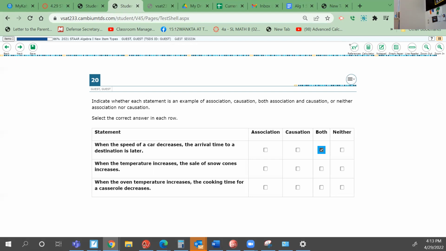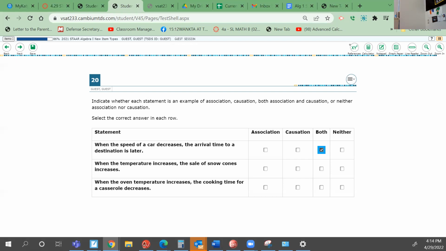Okay, next one, when the temperature increases, the sale of snow cones increases. You would think that's a true statement, right? Is there a link between temperature increases and the sale of snow cones? But we know when temperature increases, it gets warmer, spring and summer. That's a direct link. Temperature increases, you're in the spring and summer.